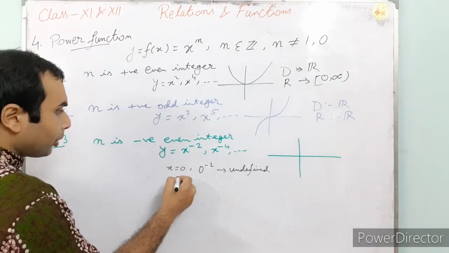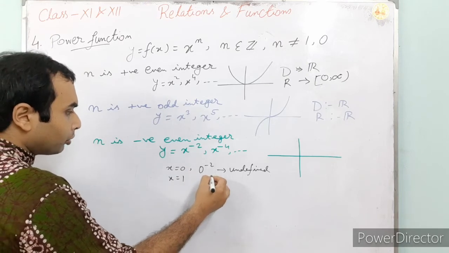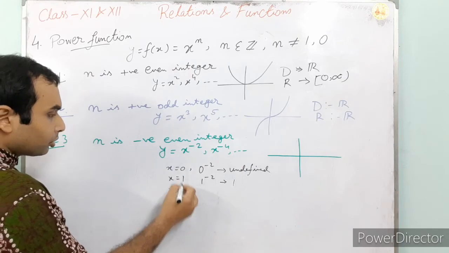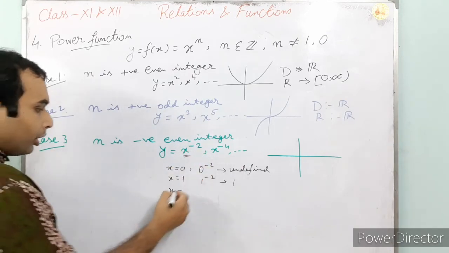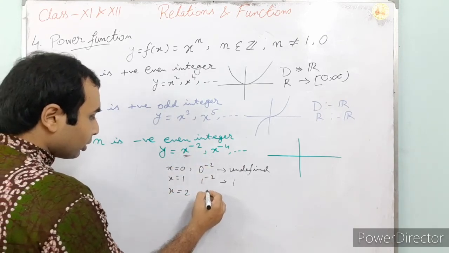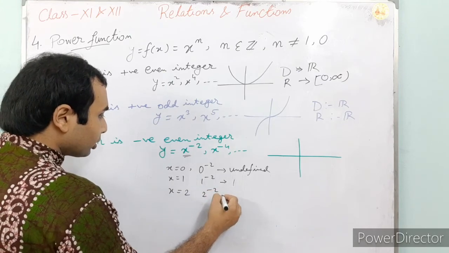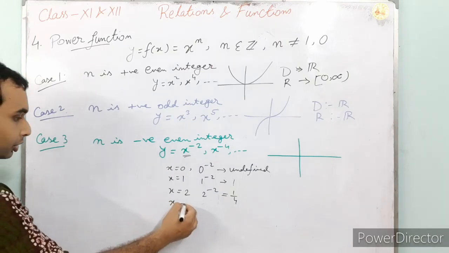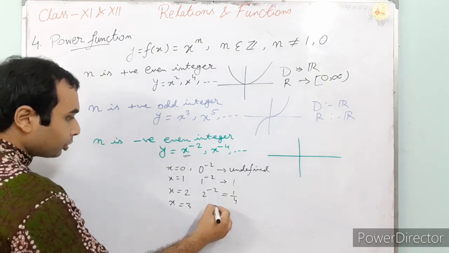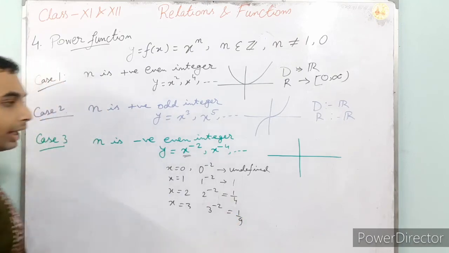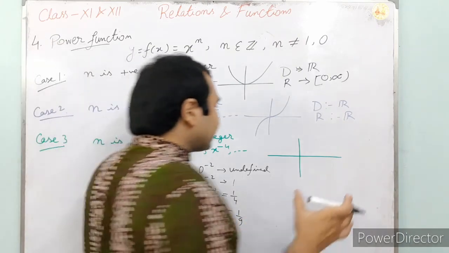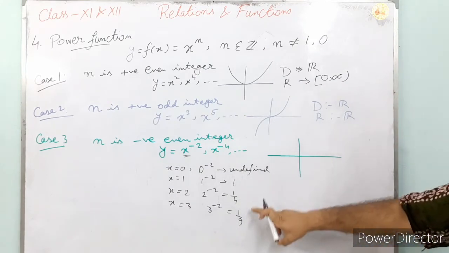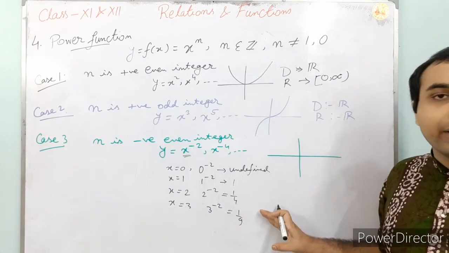Taking x equals 1, that is 1 to the power minus 2, it will come 1 only. x equals 2, that is 2 to the power minus 2, it is coming 1 by 4. x equals 3, that is 3 to the power minus 2, it is coming 1 by 9. So just see, it is taking values less than 1 here.